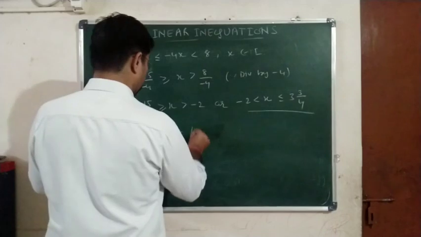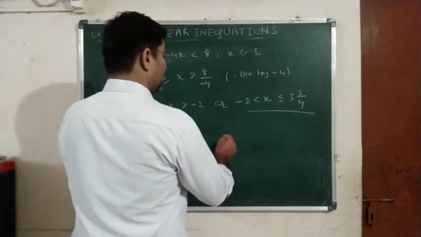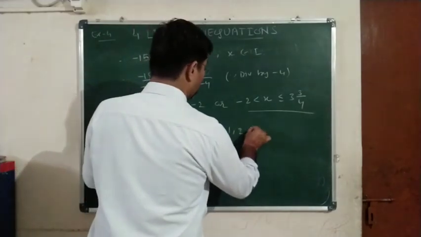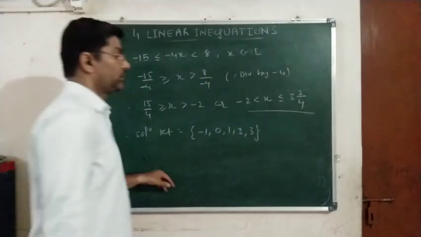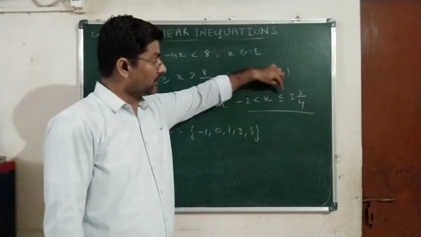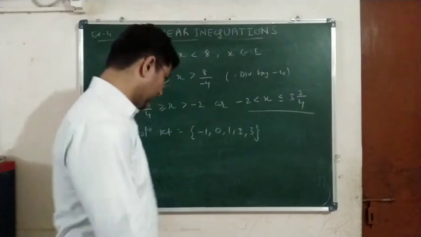Minus 1, 0, 1, 2 and 3 is included, yes or no, because 3 and 3 by 4 is a fraction, but 3 you can take because 3 is an integer.